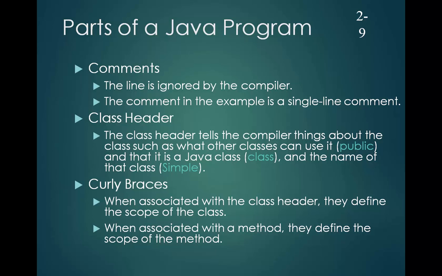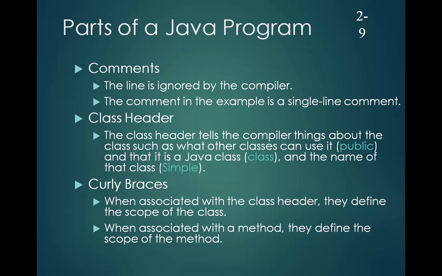That's what public means, that it's a Java class, which is what the keyword class means, and the name of the class, simple. Going back to our Chapter 1 concepts, which of these, public, class, and simple, are reserved words, and which of these is an identifier that's created by the programmer? Think about that for a moment. I'll go on.